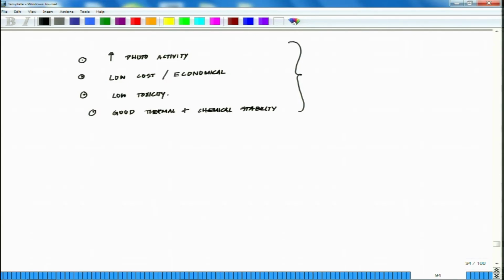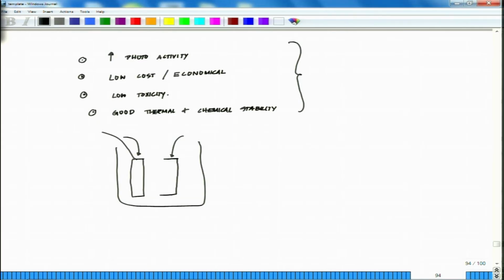The major advance was in 1972, which I mentioned, when Fujishima and Honda reported the photoelectrochemical splitting of water using a titanium oxide anode and a platinum counter cathode. So, basically Fujishima and Honda's story was something like this, where you have this anode and you have a cathode.